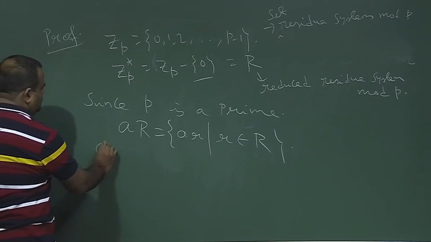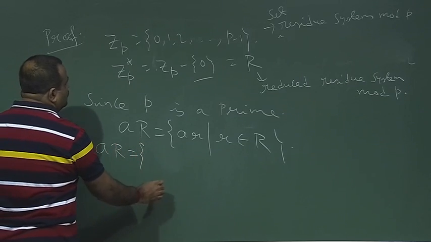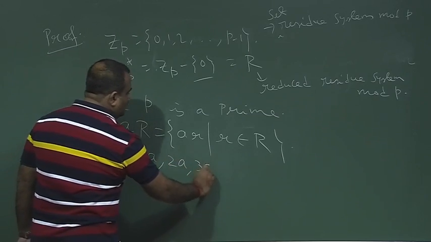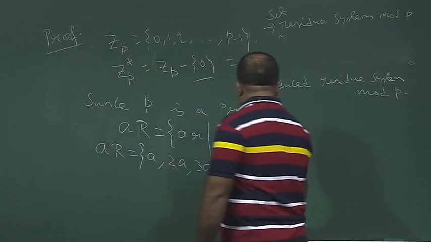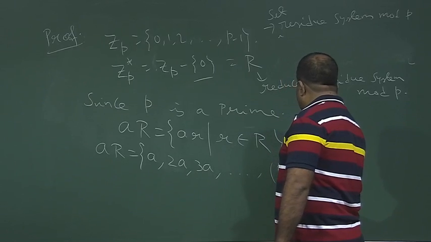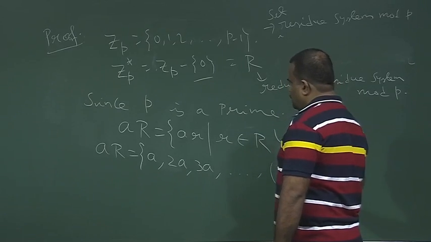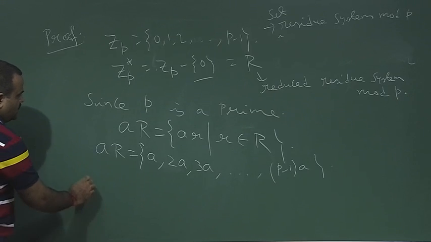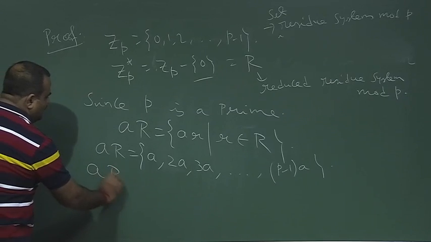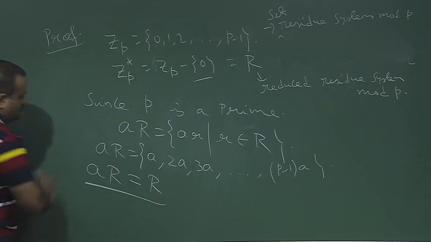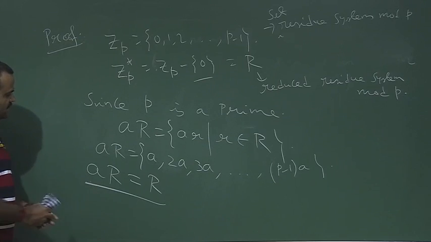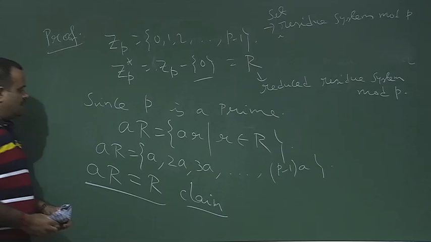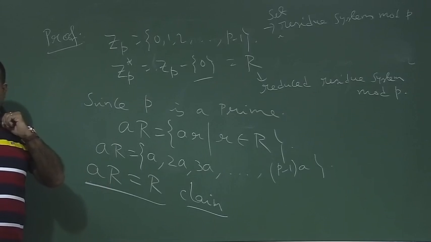So, AR is basically this set: A, 2A, 3A, and so on up to P minus 1 times A. So, these two sets, AR and R, are basically the same. This we have to prove. This is our claim. Our claim is these two sets are basically the same.